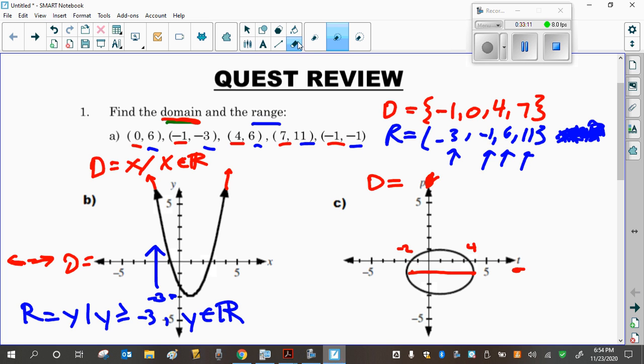Domain equals all the values of t such that t is between -2 and 4.